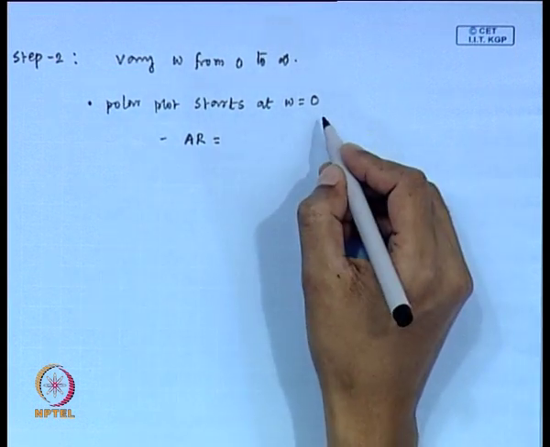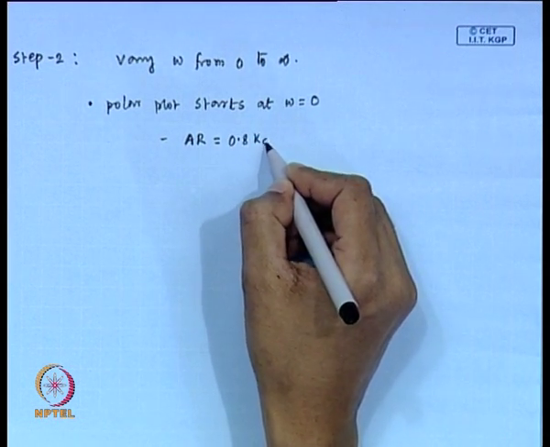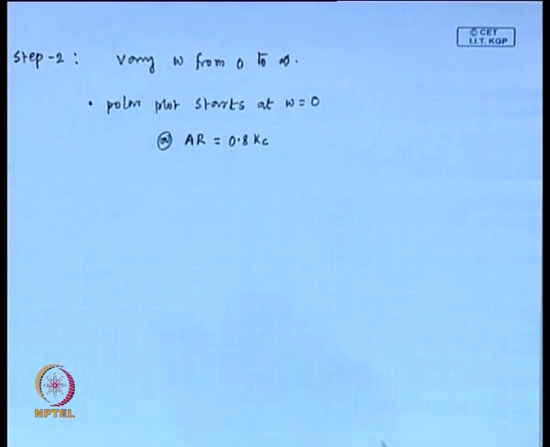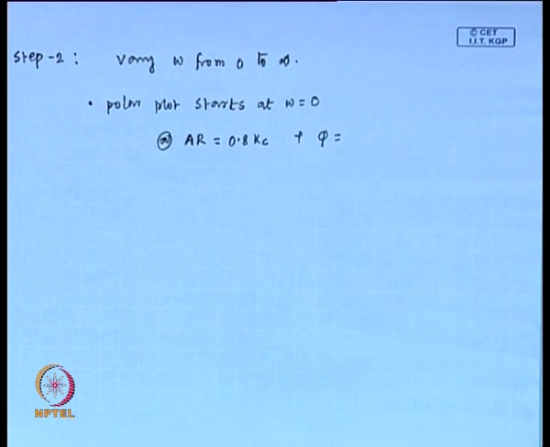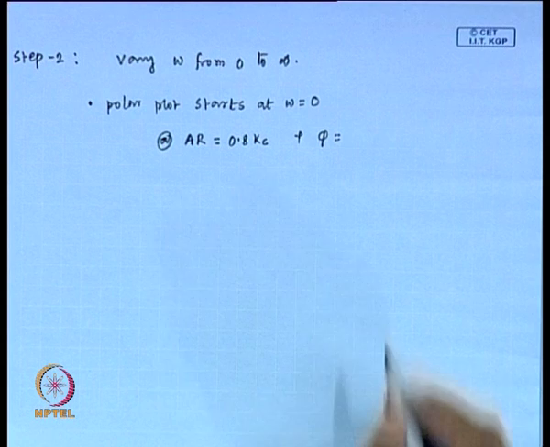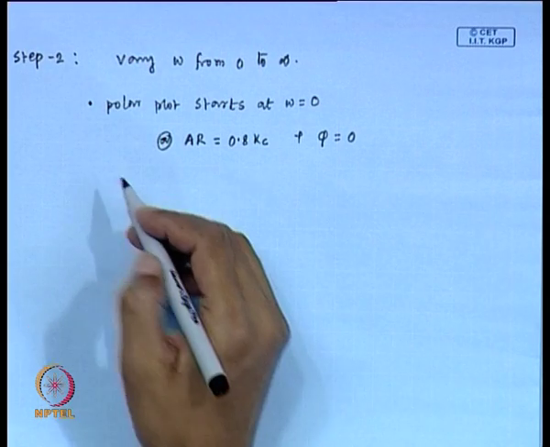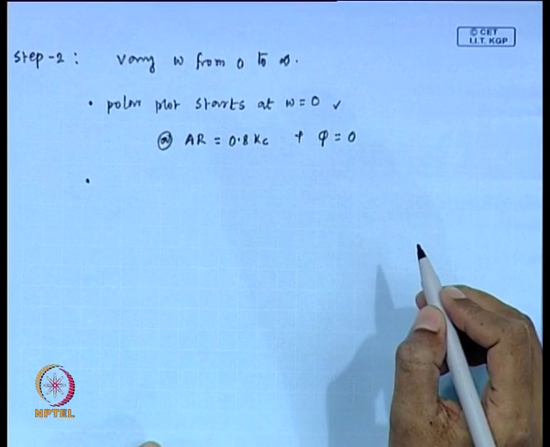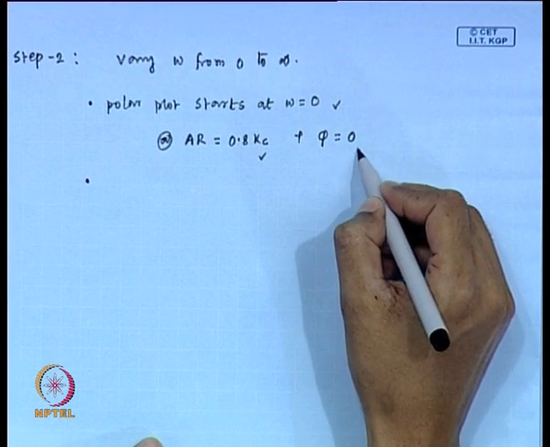When omega equals 0, amplitude ratio becomes 0.8 Kc. Similarly, the phase angle when omega equals 0 is 0. So, when omega equals 0, we obtain amplitude ratio 0.8 Kc and phi 0 degree.